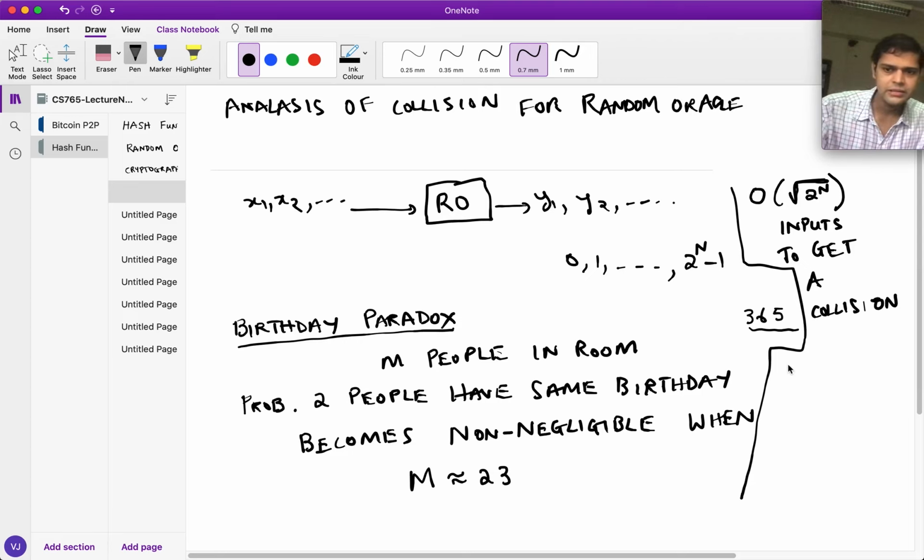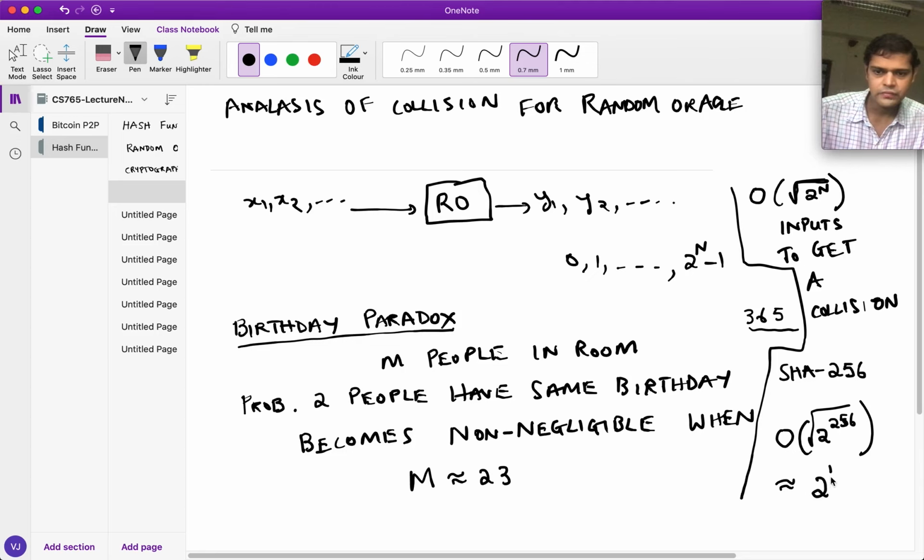So for something like SHA 256, which has an output of 256 bits, you would have to try order of root of 2 to the power of 256 times, but that's still pretty large. It's 2 to the power of 128. So that's an extremely large number of trials you would have to conduct in order to find a collision. Right? So that's if you have a 256-bit random oracle.